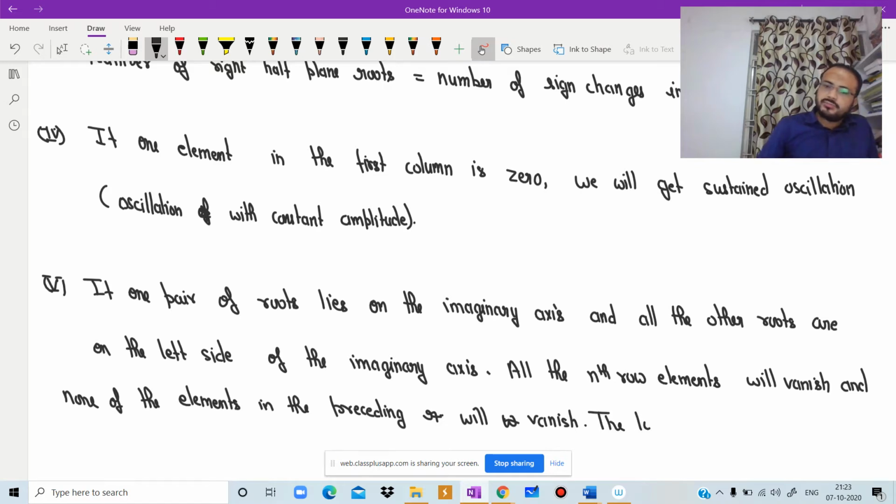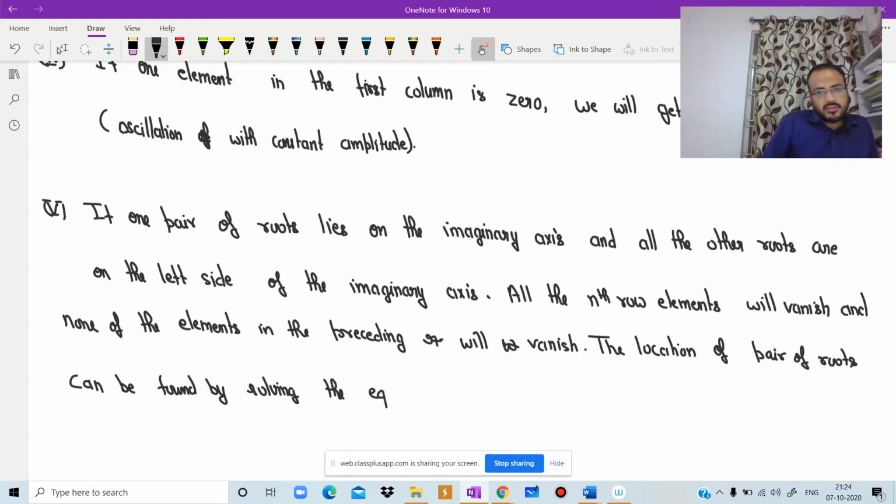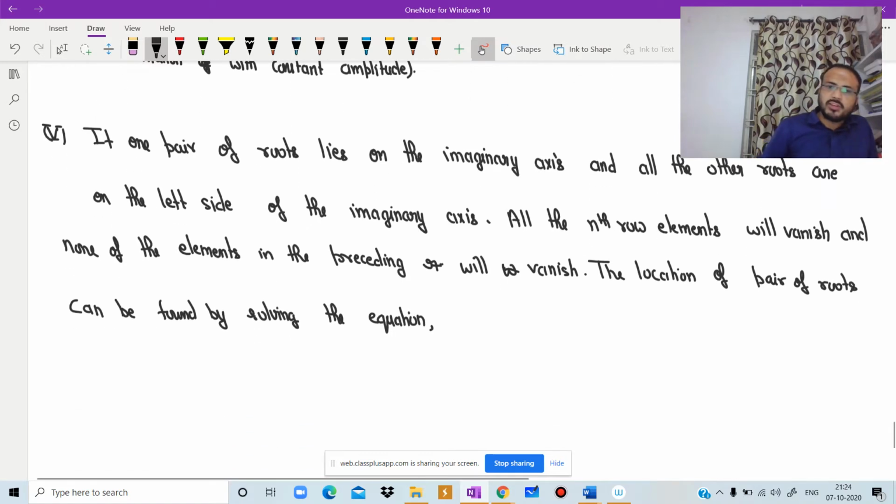So the location of the pair of roots can be found by solving the equation cs square plus d is equal to 0, or s square is equal to minus of d by c.